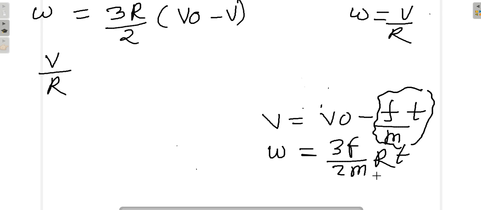I think this r is in the denominator, excuse me.